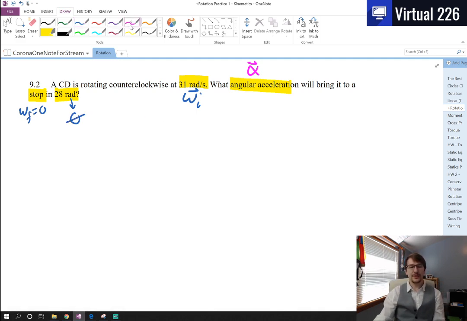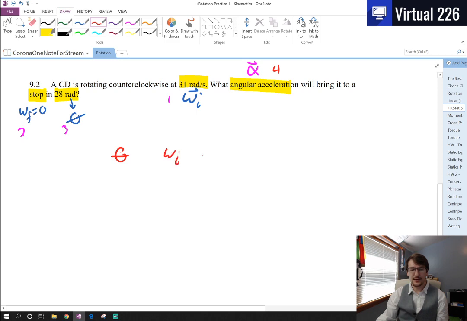So if we think back to our best friend and that video and some of the ones we've seen, we have 1, 2, 3 pieces of information, and with that, we can solve for the fourth. Remember, out of the 5 things you have, theta, initial angular velocity, final angular velocity, alpha, or time, if you ever have 3 of those, in this case we do, you can solve for the fourth.